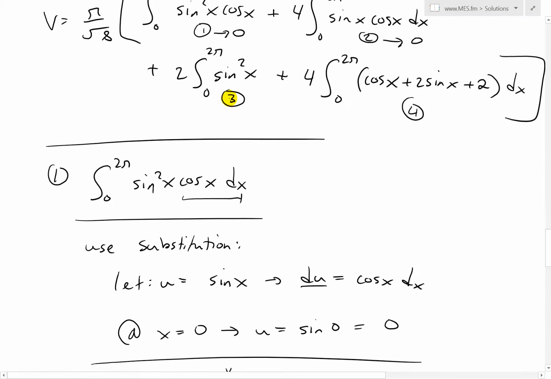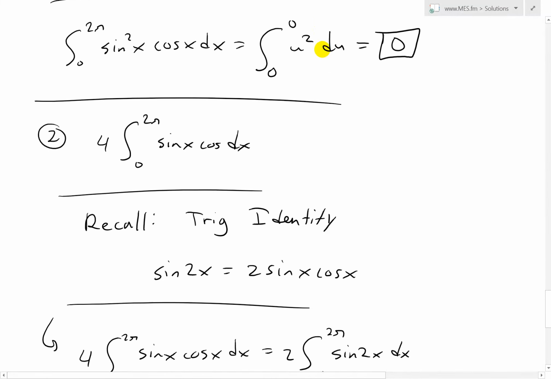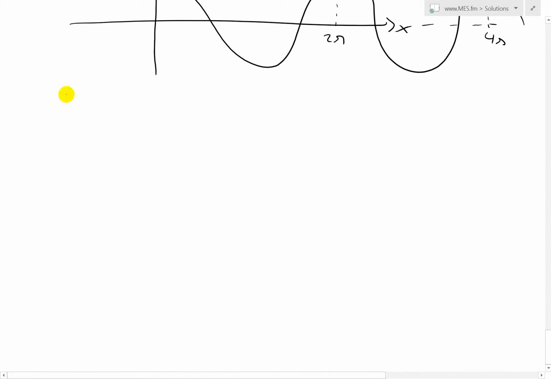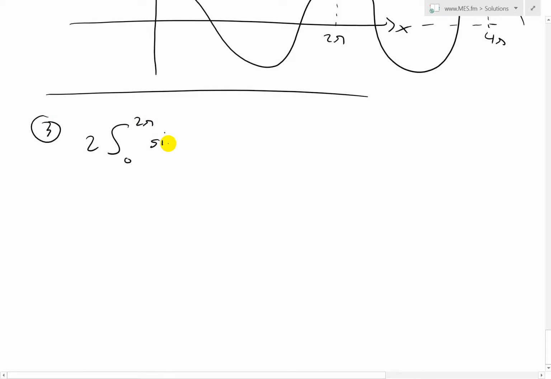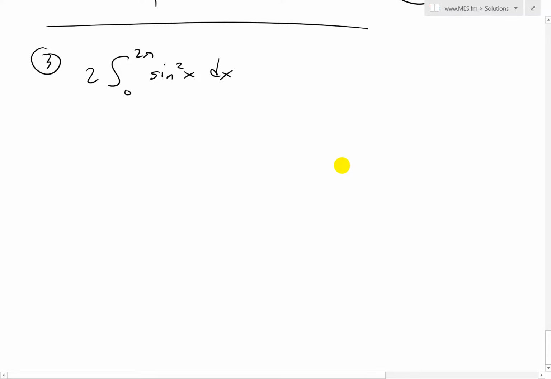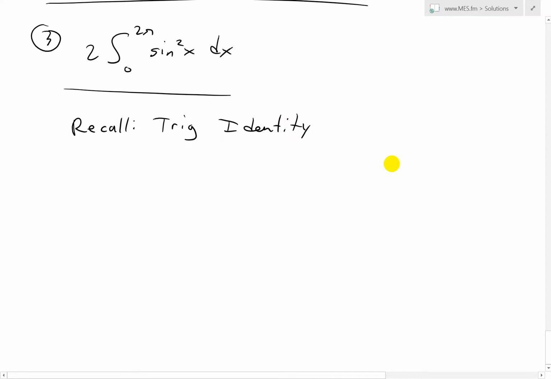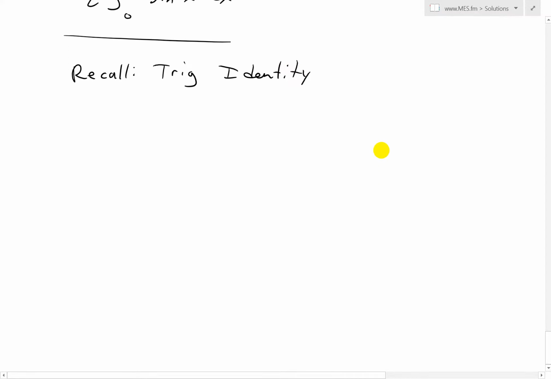Now look at the third one, which is 2 sine squared of x, the integral from 0 to 2 pi of sine squared of x dx. Now this integral, I've solved in an earlier video, where I used a trig identity. We could write this in terms of cosine, because we want to get rid of this squared value, which just messes things up.